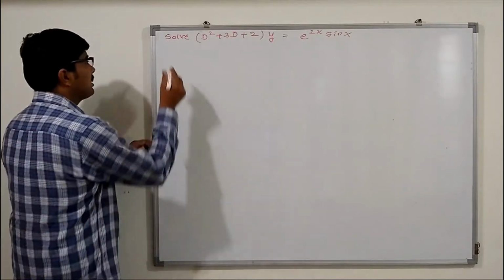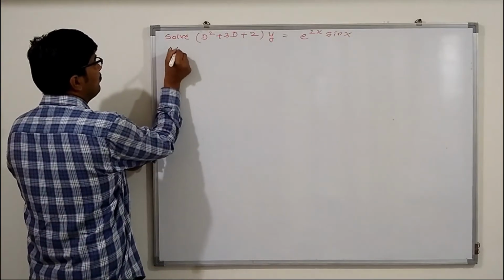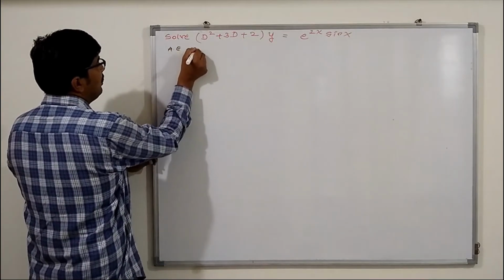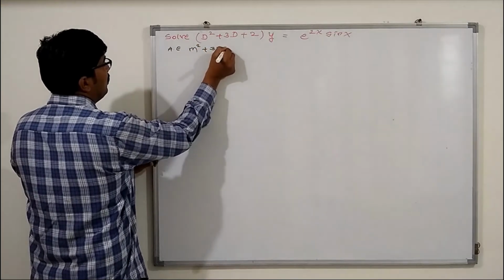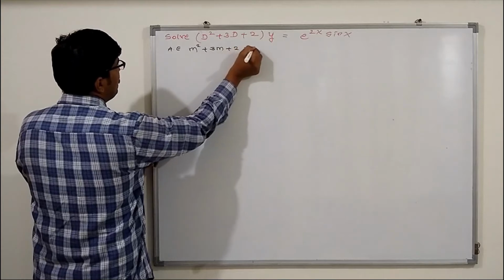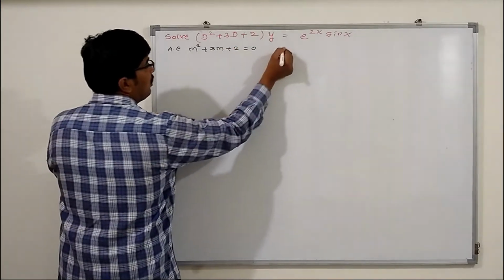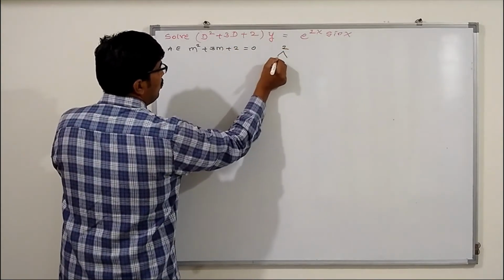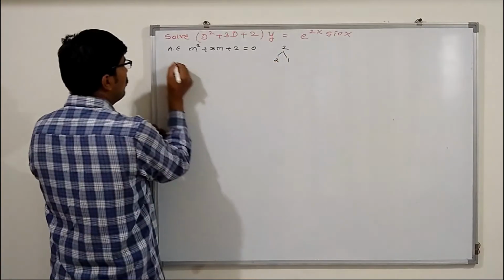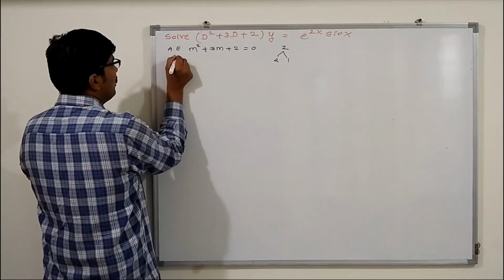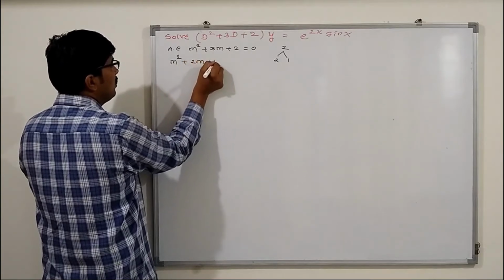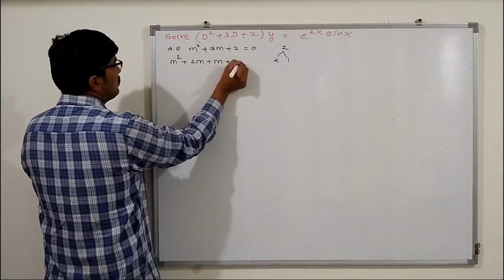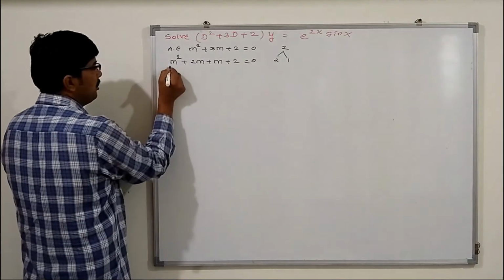So in this case, first write down the auxiliary equation. The auxiliary equation is m square plus 3m plus 2 is equal to 0. Find the two factors of 2 that give plus 3, that is 2 into 1. So we can write it as m square plus 2m plus m plus 2 is equal to 0.